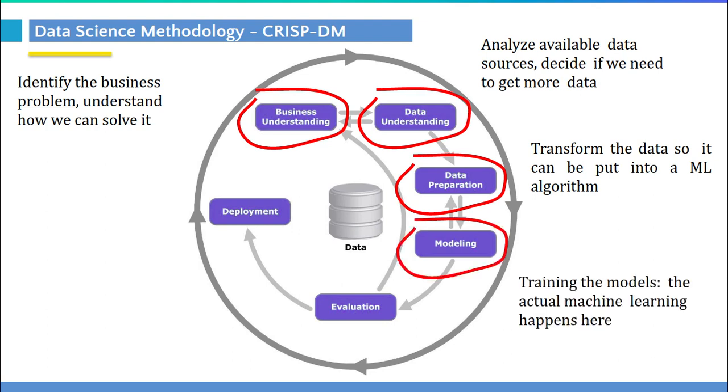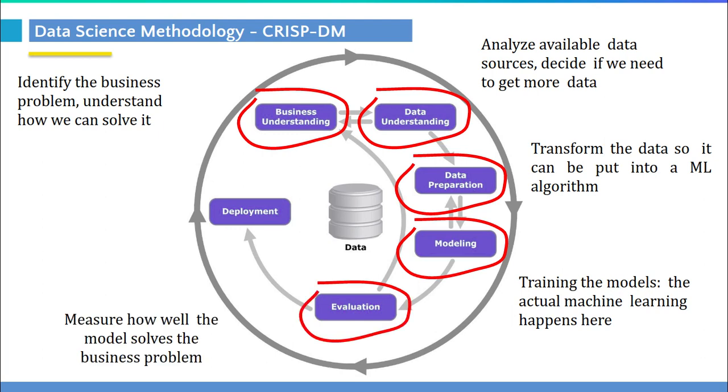The next is the modeling. That is where the actual machine learning happens. We train the model based on the historical data. At this stage we have enough data from different sources, which is properly available, clean data, prepared well before we feed it into machine learning. That is the stage where we can go for different machine learning techniques or deep learning concepts, and that's where we train our model so that it will be ready for predicting the future.